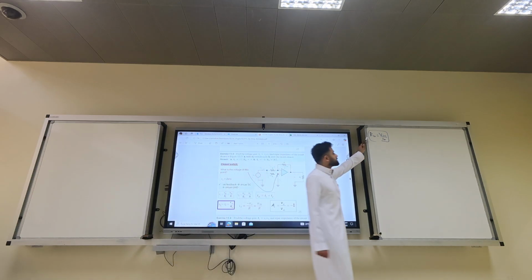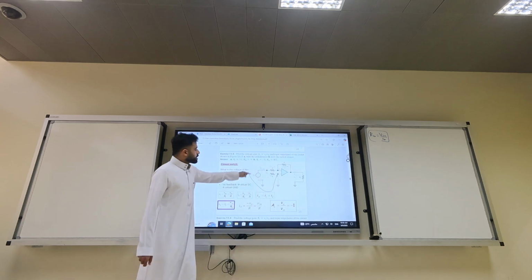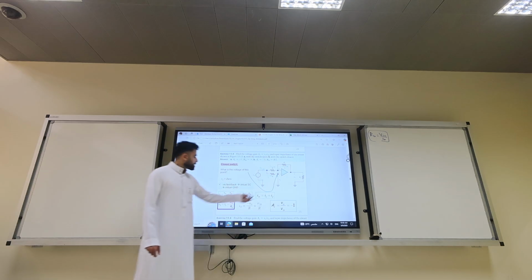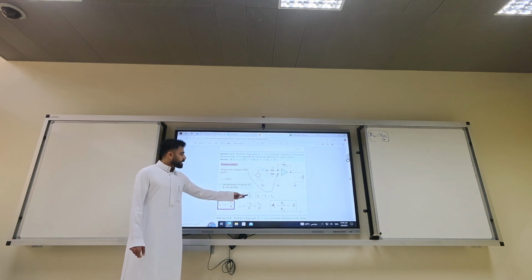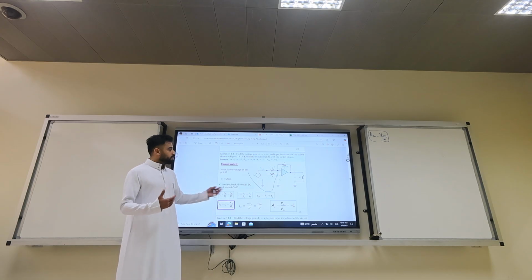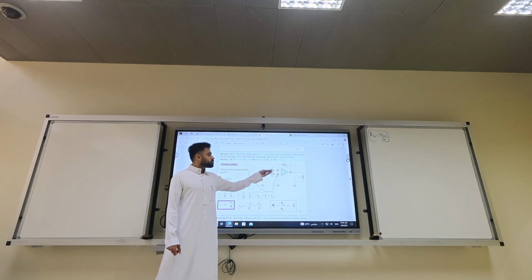The input impedance is V input over I input. You already know what V input is. What is I input? It is I1 plus I2. What is I1 plus I2? It is V input over R plus V input over R. So the input impedance is the parallel combination of two R's, which is R over 2.